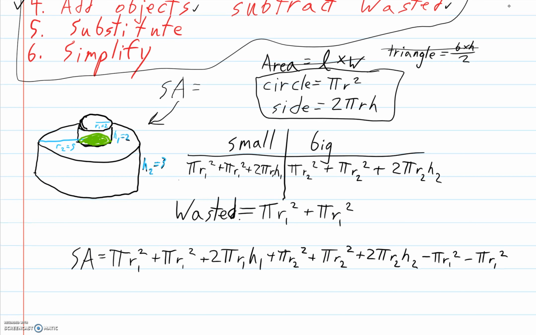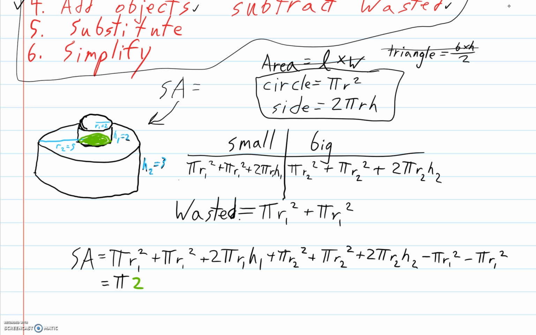Substitute. So we need to take the numbers that we have given in our question, and we need to put them in. So we have r1 equals 2. So every time we see r1, just below it, we're going to write the 2.